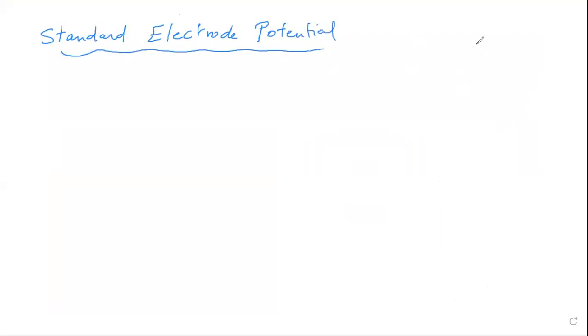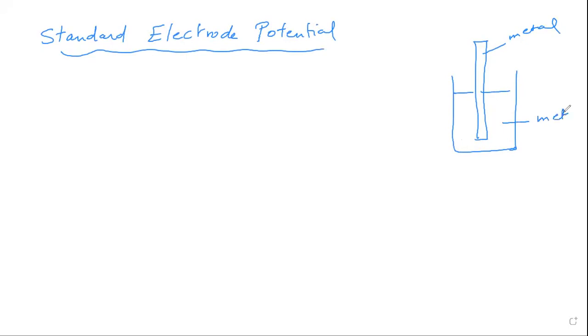We said that if we have a metal and we place this metal in a solution of its own ions, if the metal is magnesium, copper, or whatever, and placed in a solution of its own ions, M^n+ aqueous, then a potential difference will be built up between the metal and its solution.